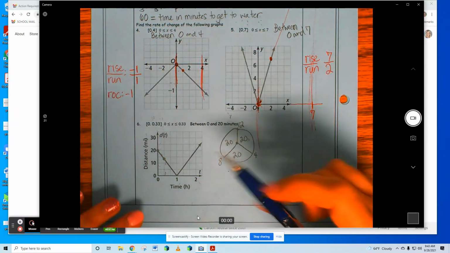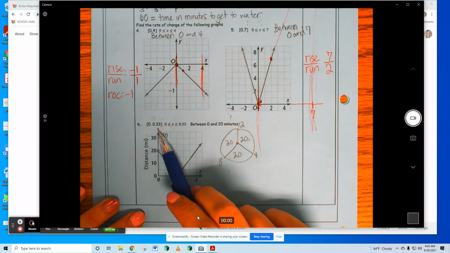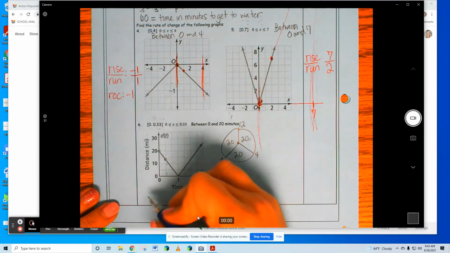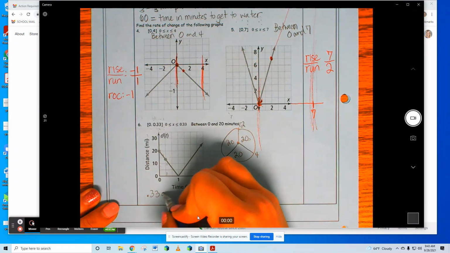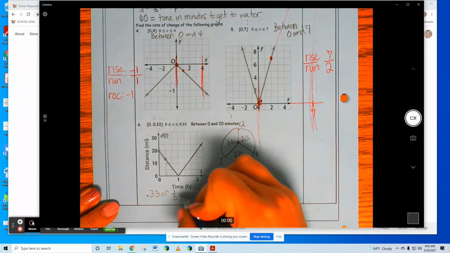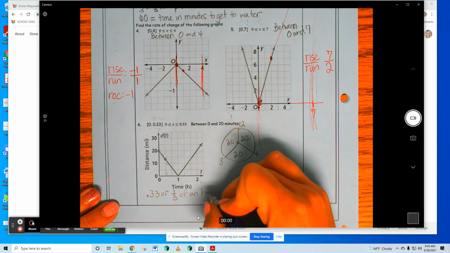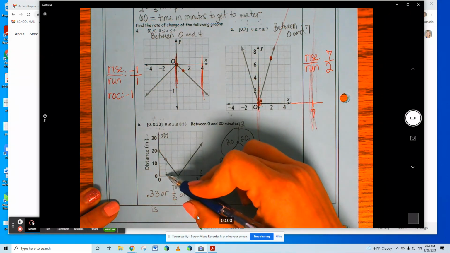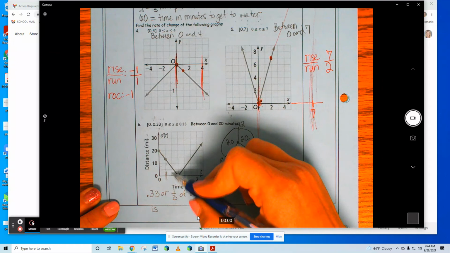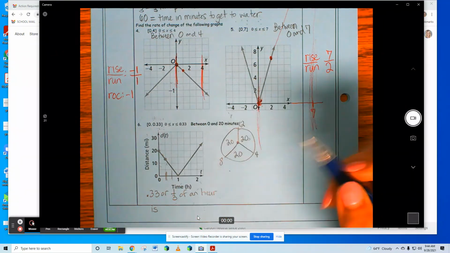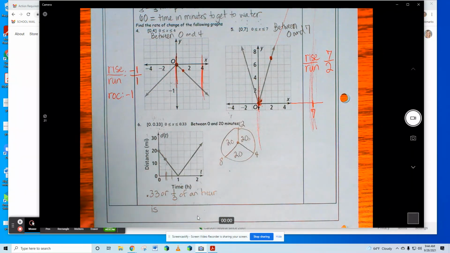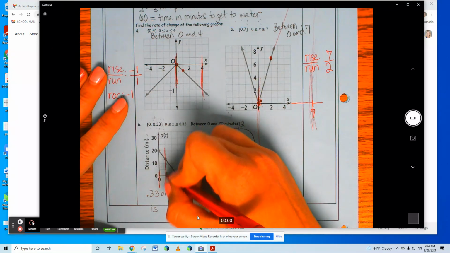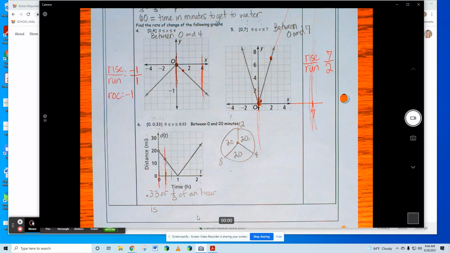So if I only want to know between 0 and 0.3 of the hour, 0.33 or 1/3 of an hour is 1 box. So here's my boundary line, between 0 and 20 minutes. It's a downhill line. That's negative.